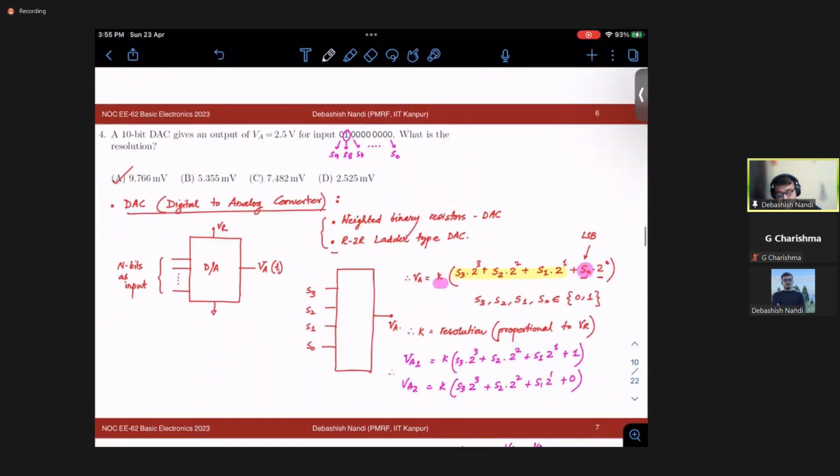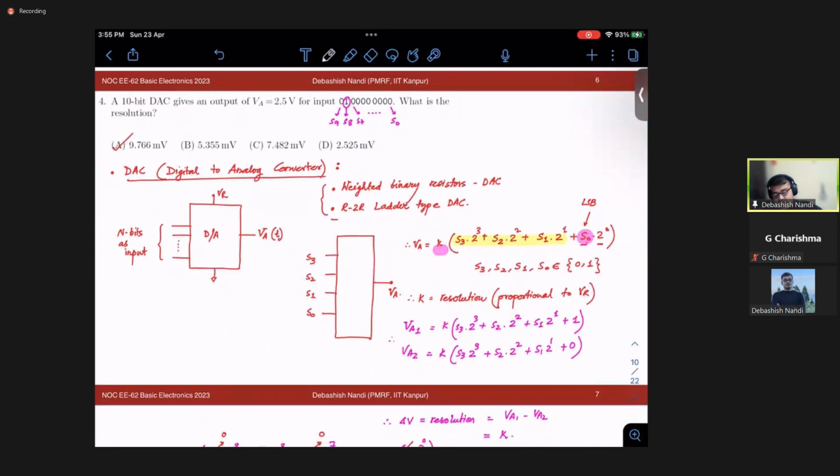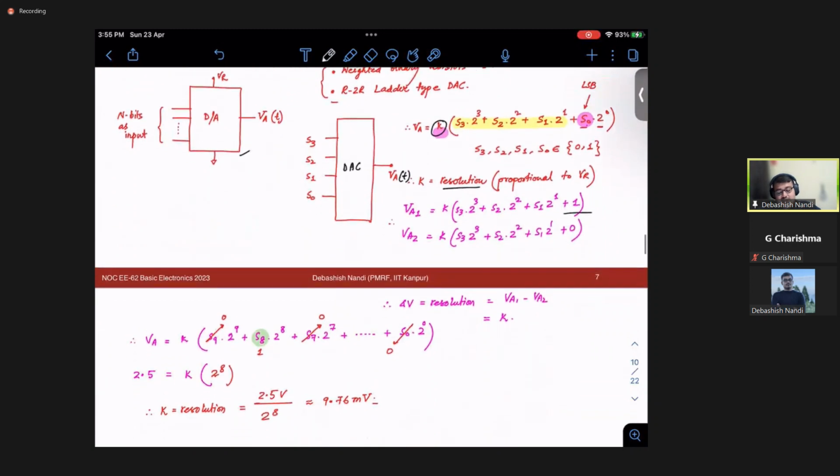Then we discussed briefly DACs, how a normal DAC looks, how the output analog voltage looks, and also what the resolution is here. This K term defines the resolution. Why is it called resolution?